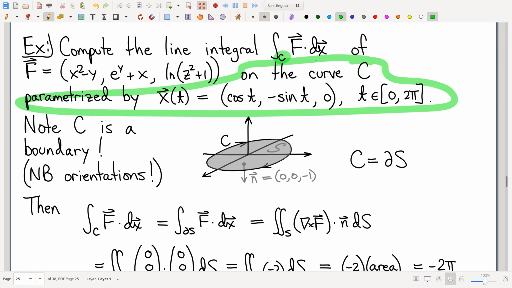Cosine and sine make me think circle. This minus sign makes me think reflection. If you put those ideas together, it's not hard to persuade yourself that what we have here is this unit circle, oriented, as I've got it drawn there, what you might call clockwise as seen from above.